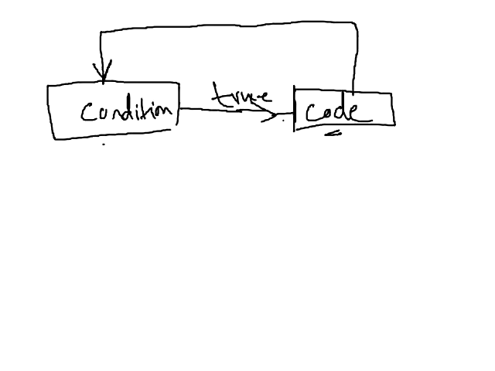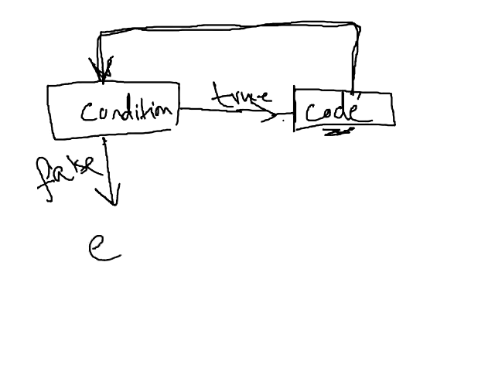We go back, check the condition again. If it's true, we execute the code again. Then we go back and check, and then a second time, a third time, a fourth time, until the condition is false, then we exit.